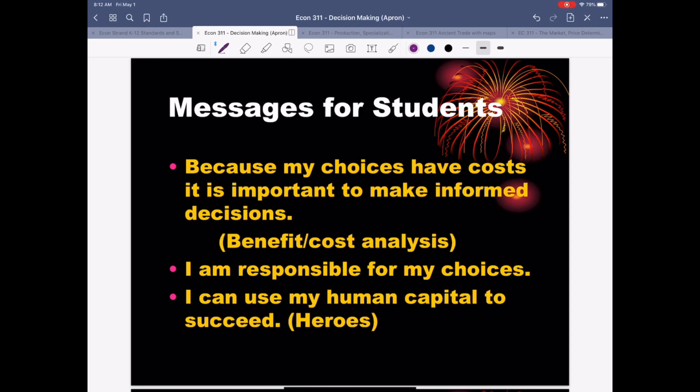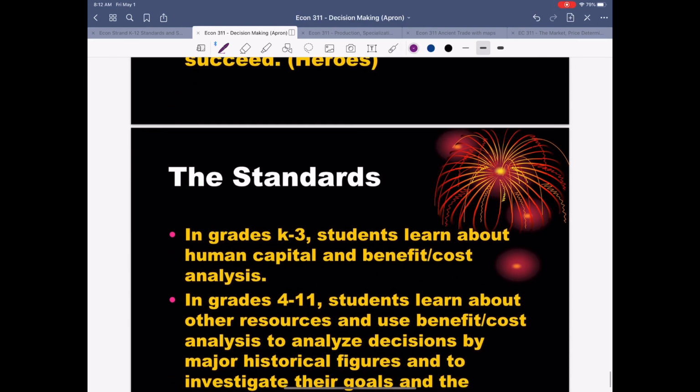In the state standards, there are lots of different examples of heroes that our students are asked to evaluate. This is a wonderful opportunity to talk to them about how heroes became heroic through decision making, through the use of human capital, through the development of human capital, and it all ties together our curriculum very, very nicely.